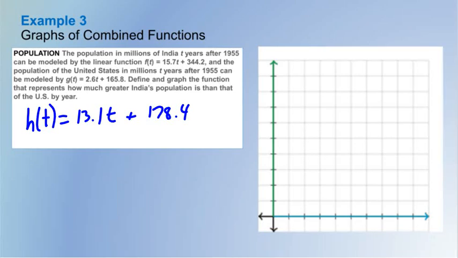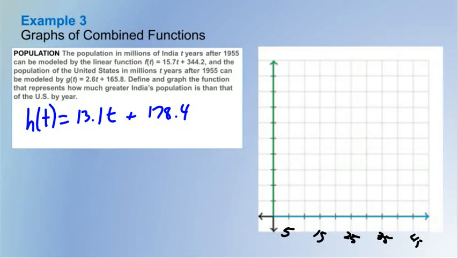So I'm going to count my numbers. So the x's, I'm going to count by 5s. So this would be 5, 10, 15, 20, 25, 30, 35, 40, 45.